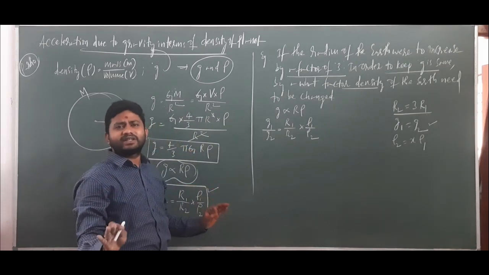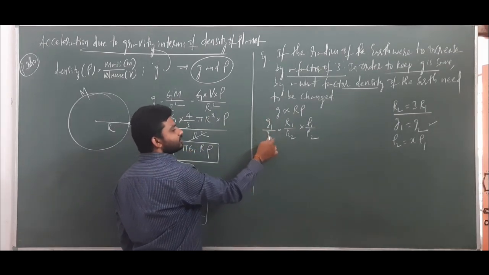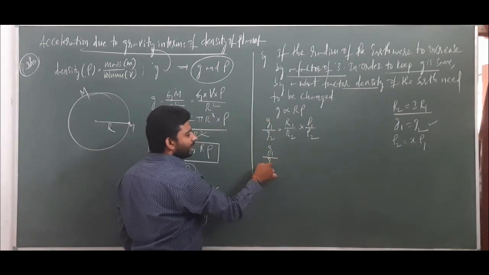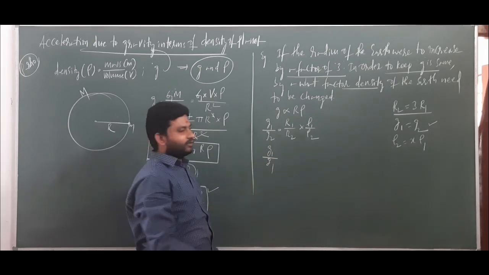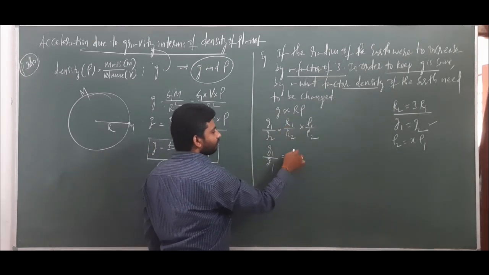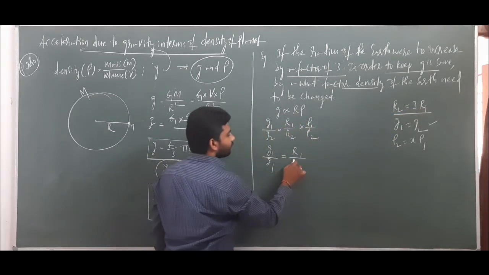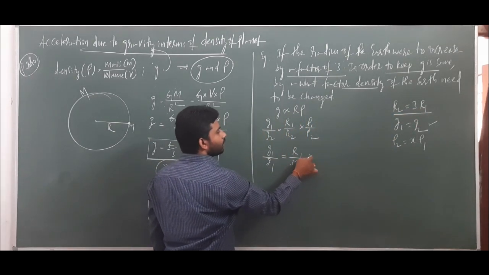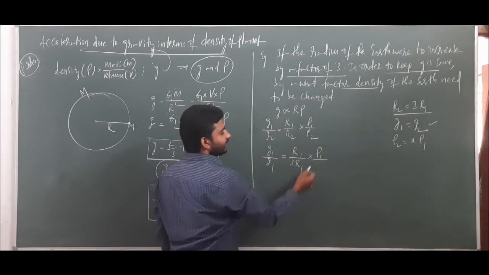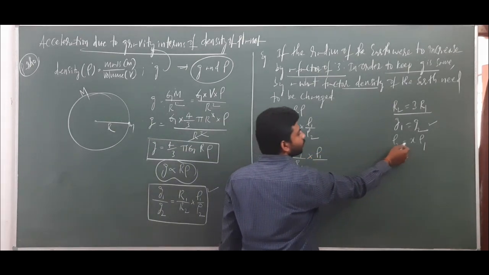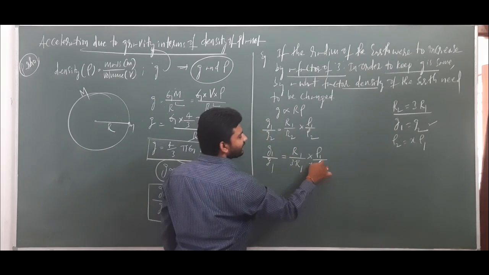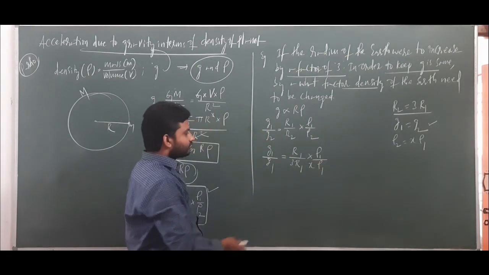Just substitute everything, you get the answer. G1 by G1, because G2 is G1, is equal to R1 by R2. What is R2? 3 times R1. Into rho 1 divided by rho 2. What is rho 2 here? Rho 2 is x times rho 1. That x we need to find out. See here.